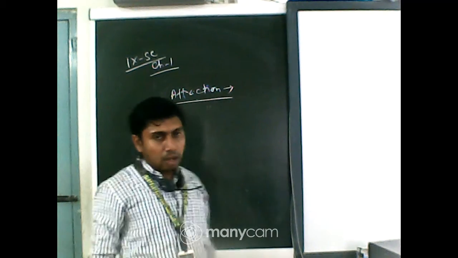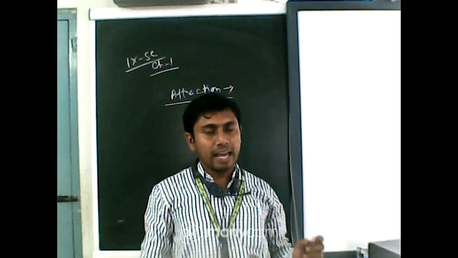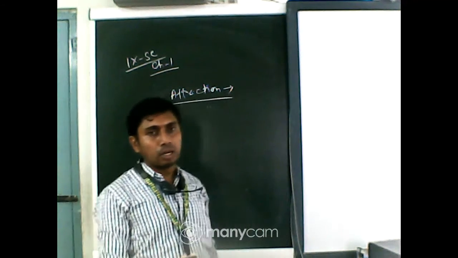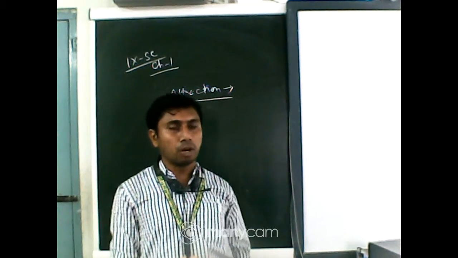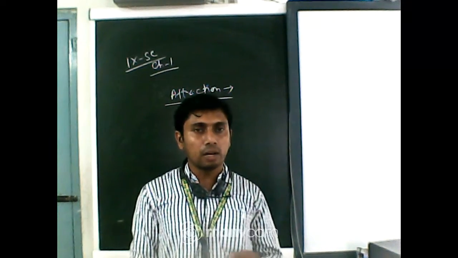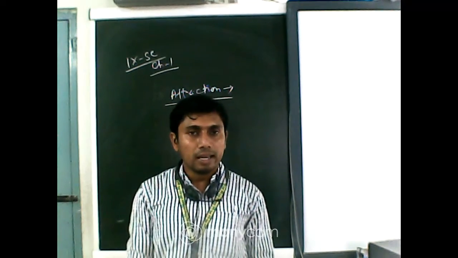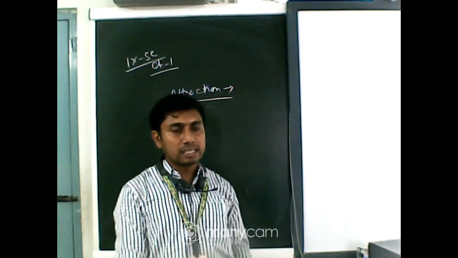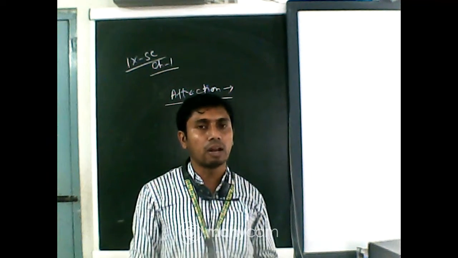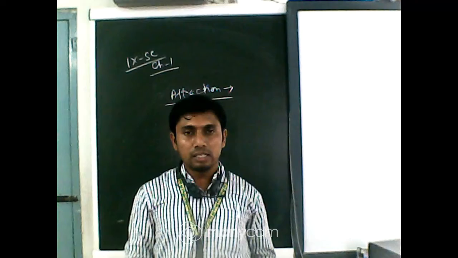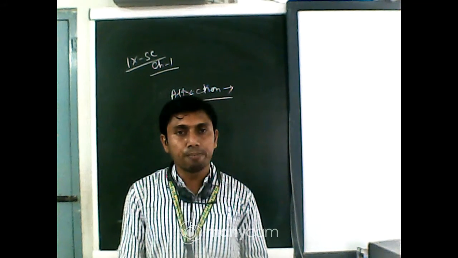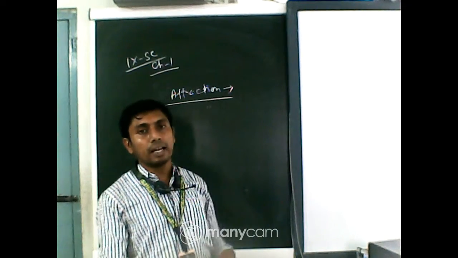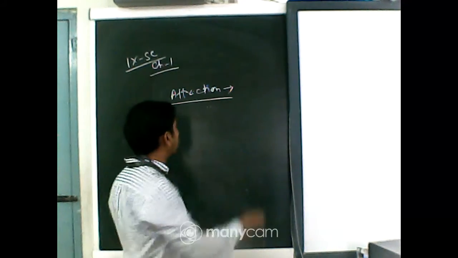Here some interparticle bonding will be there. Why this bonding? Later on you will know about it. This bonding is known as van der Waals force. In class 11 you have the concept of van der Waals force, but this is also called cohesive force. That is, bonding between the same kind of particles is called cohesive force.